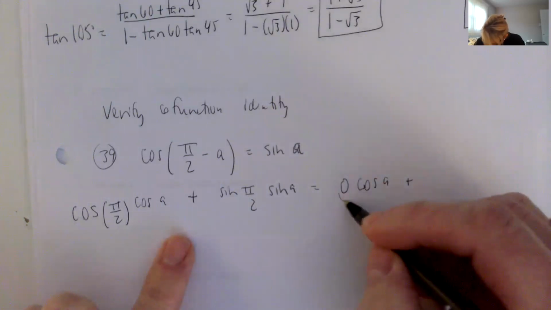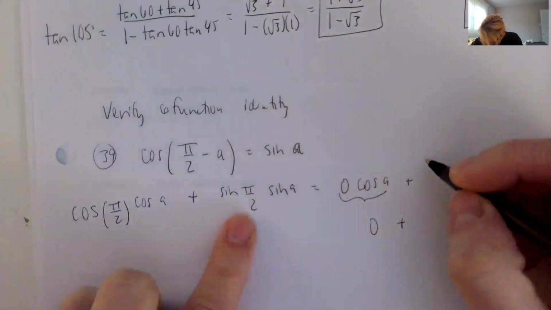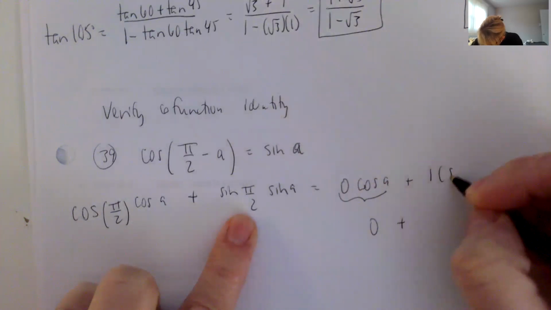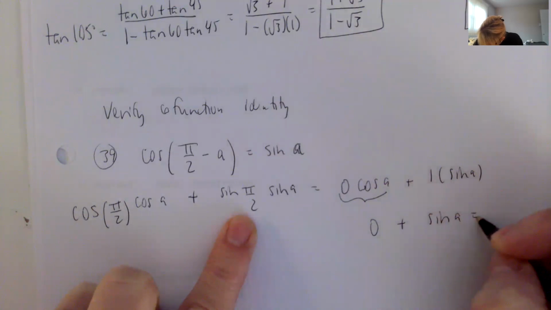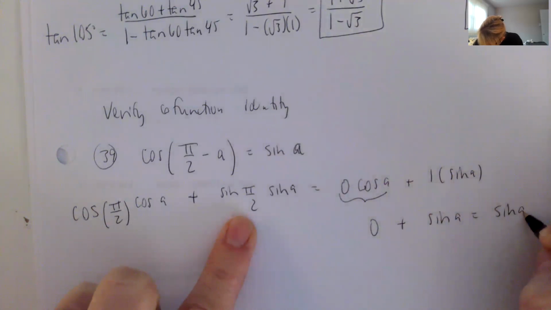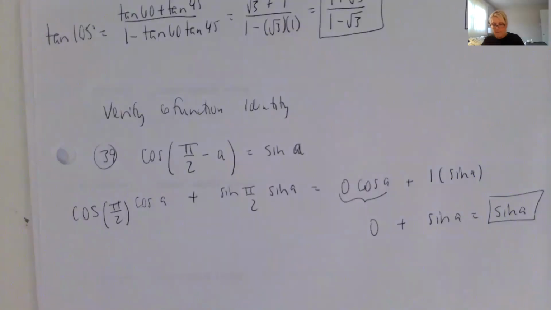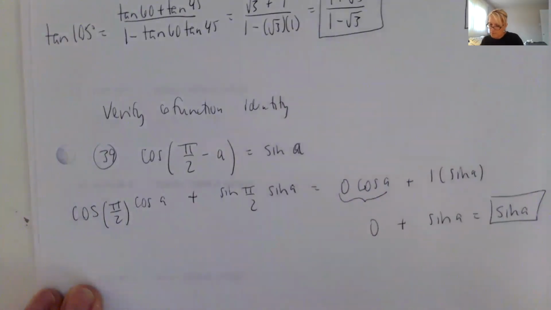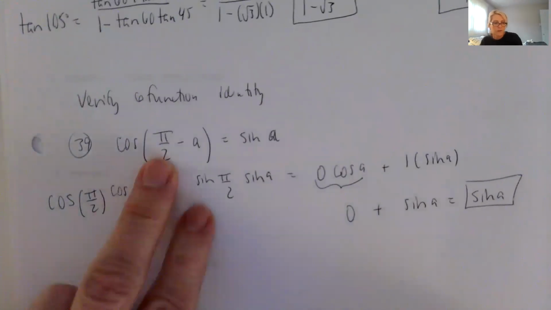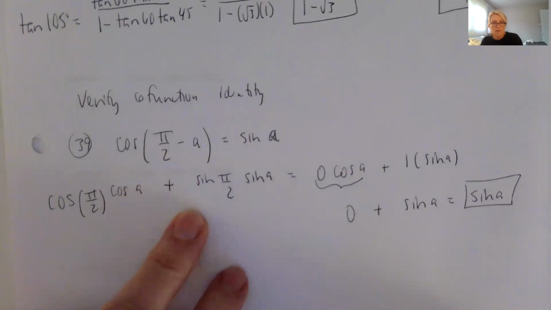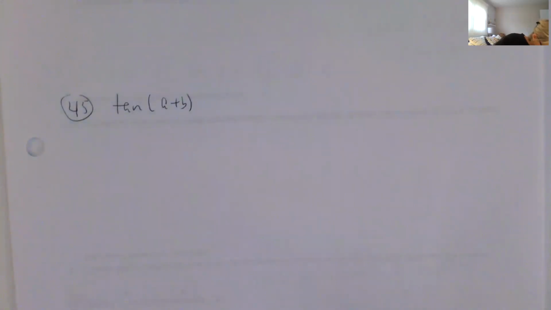So that's going to make this go to 0 plus, okay, and then sine of pi over 2 is 1 times the sine of A. So this is just going to be 0 plus the sine of A, which is the sine of A. That wasn't too bad. So we just used our difference identity to do that.